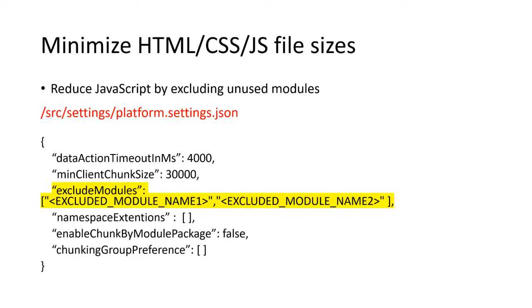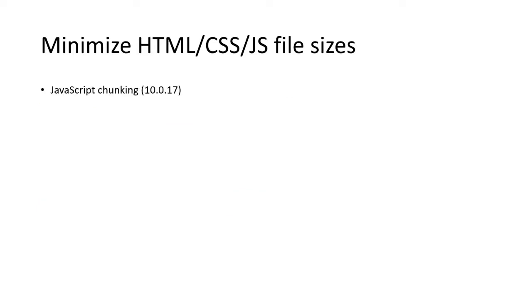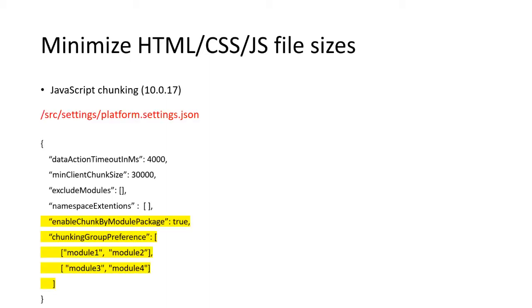We have another way to help reduce size, which is with chunking. You might know about JavaScript chunking, where we break it down into chunks and send it down to the clients. Well, in the 10.0.17 release coming up, we've added another setting in here to allow you to chunk modules together. So if, for performance reasons, you know that several modules are used a lot on a single page, you can group those modules together.